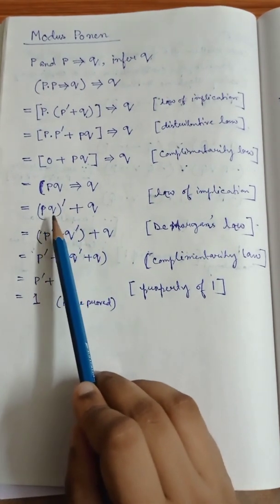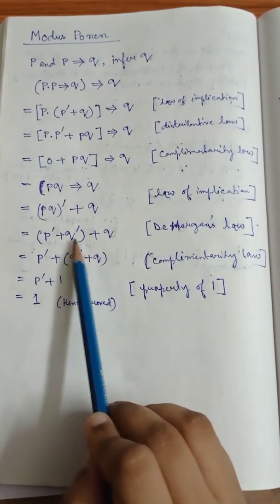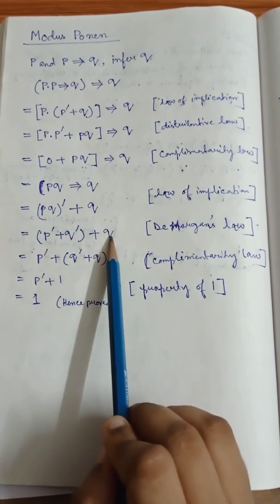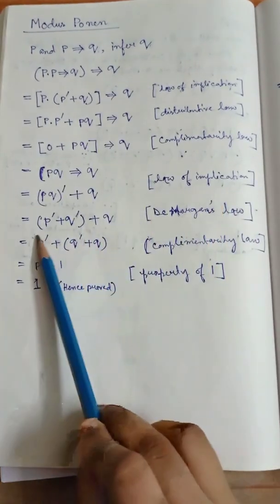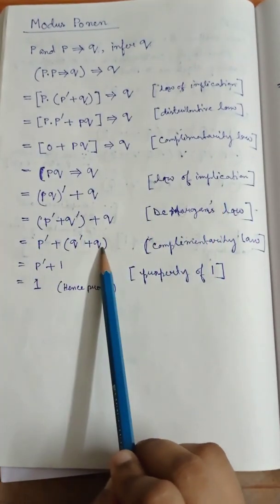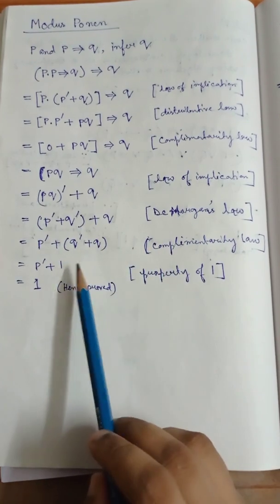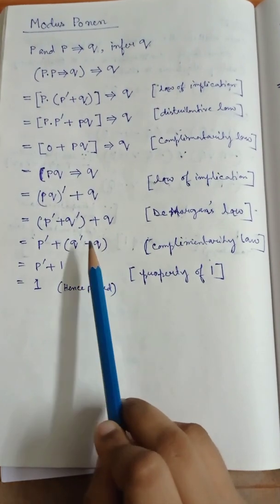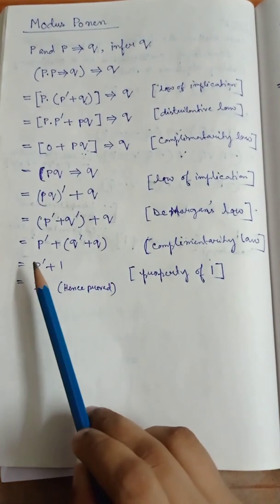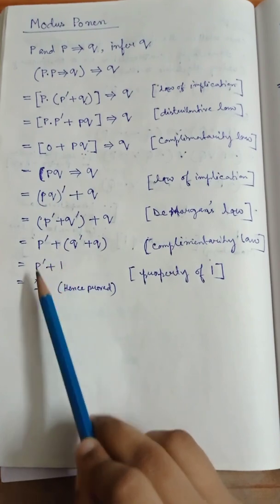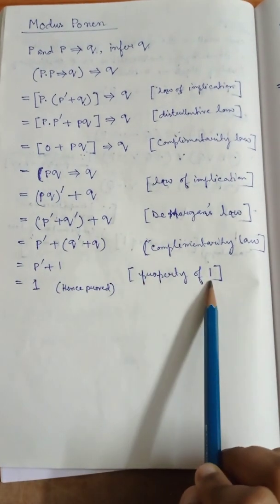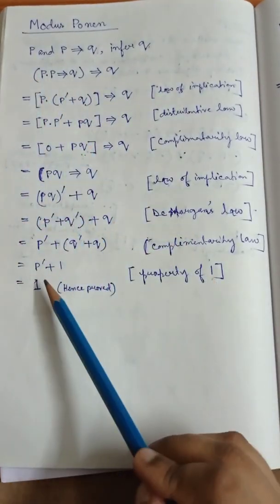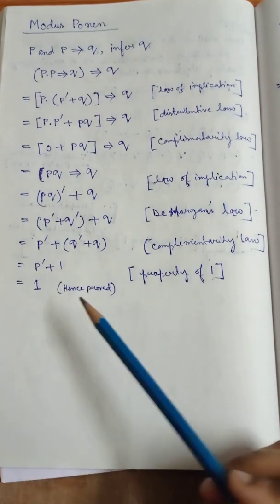So after using De Morgan's law, the statement is P complement plus Q complement plus Q. Next, we rearrange this statement, and then we use complementary law for Q complement plus Q, which gives 1, and P complement plus 1 produces 1 because of property of 1. So this expression produces true result, so it is proved.